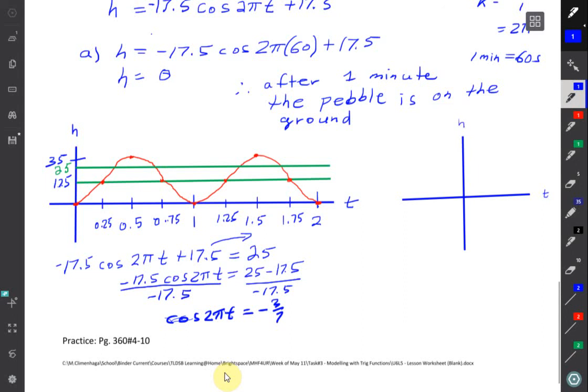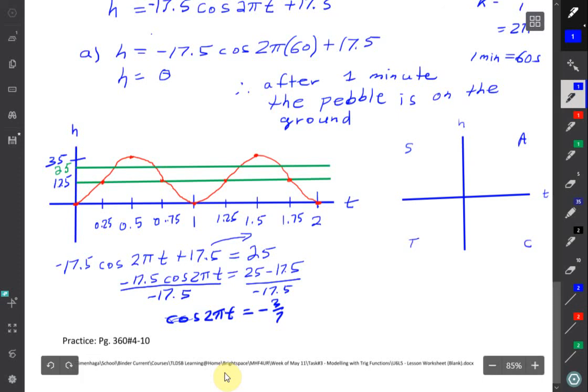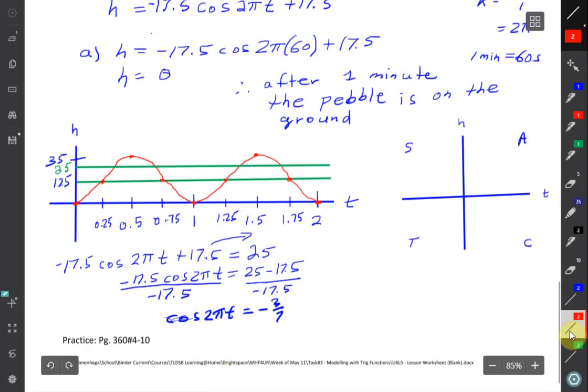And we're going to represent our values in here. Remember that we need to follow the CAST rule. So that's a -3/7. So we need to think about where cos is negative. Cos is negative here. And it's negative here.